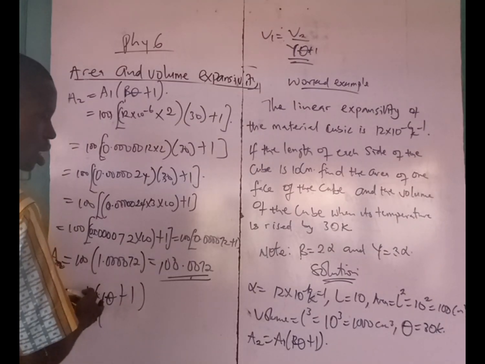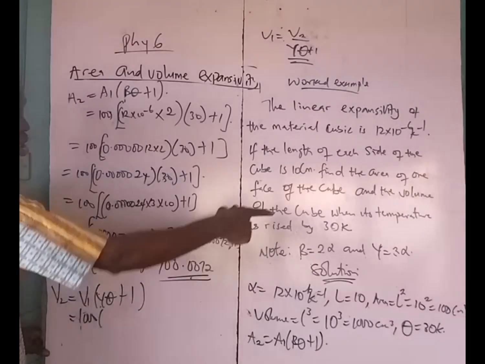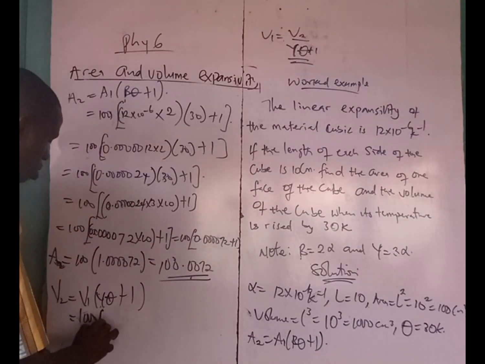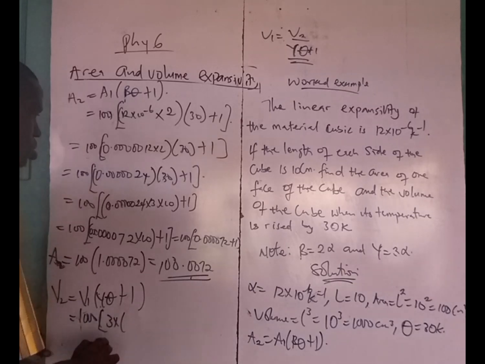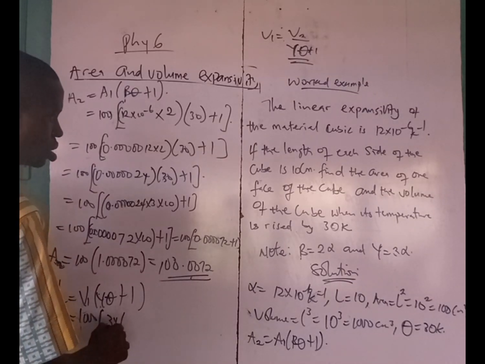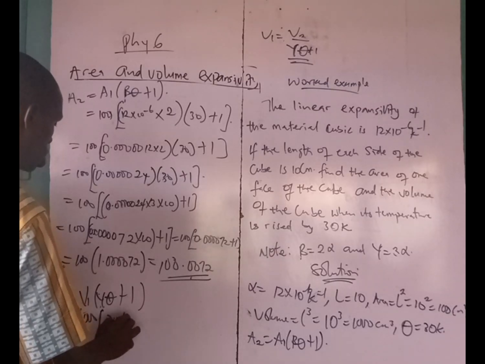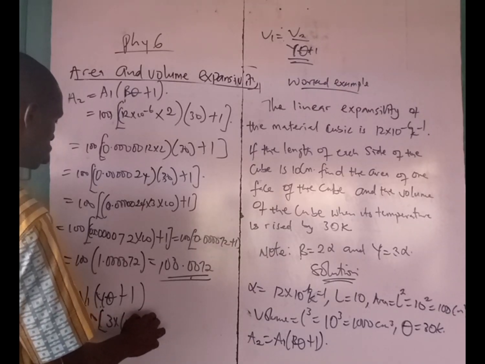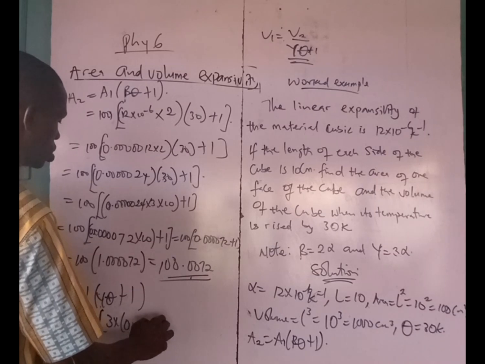So we are taking this tau, and that's what, 3 alpha, 3 times what's our alpha? Alpha is what? 0.00000012.